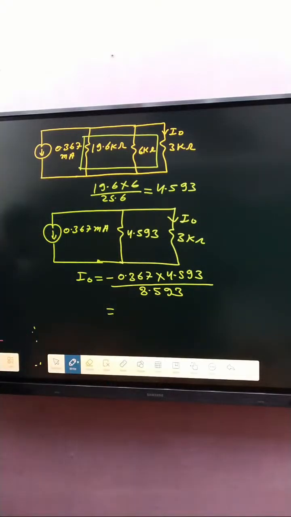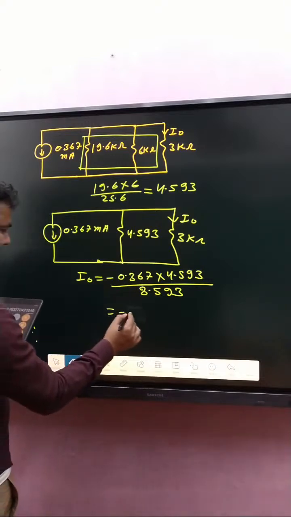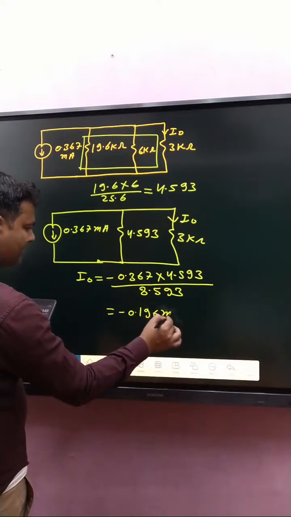Using a calculator, 0.367 into 4.593 divided by 8.593. We got minus 0.196 milliampere.